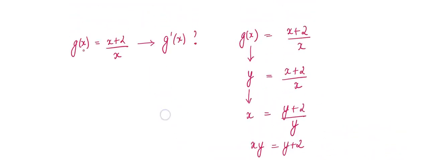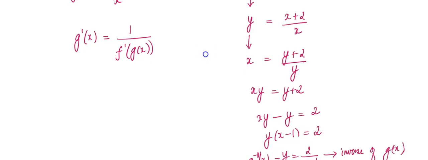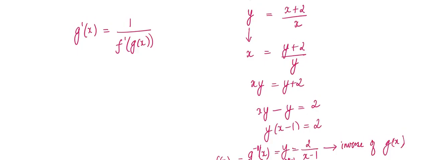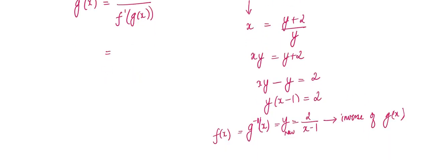Then if you come back here, the inverse function theorem tells us that in order to find g prime of x, I will have to do 1 over f prime of g of x. I'm using f prime because I prefer the f notation to the g inverse notation. So I now have to find 1 over f prime of g of x.